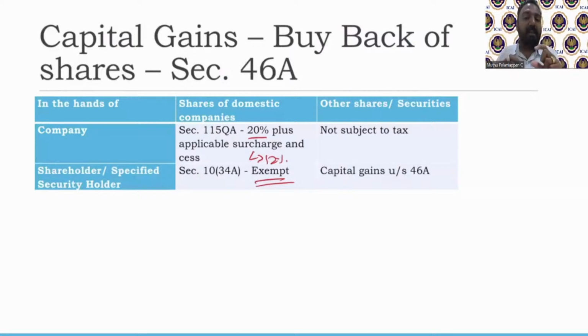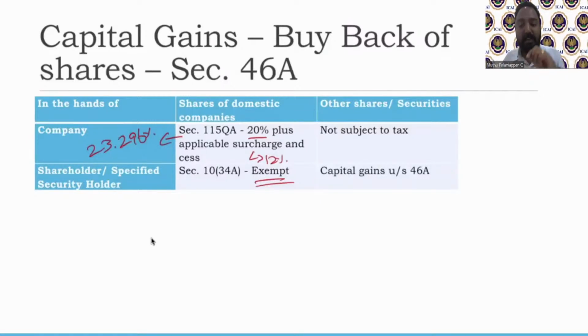So the effective tax rate is 23.296% for the company, whereas for the shareholder it is exempt under section 10(34). That is for shares of a domestic company, whether listed or unlisted.